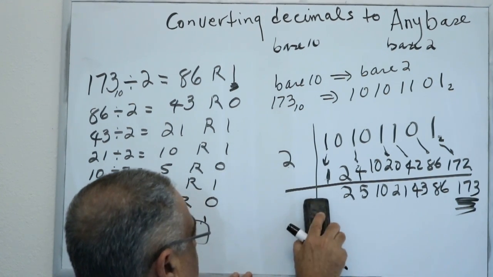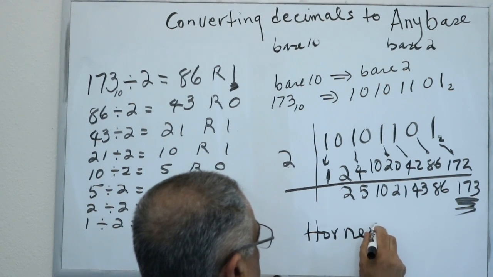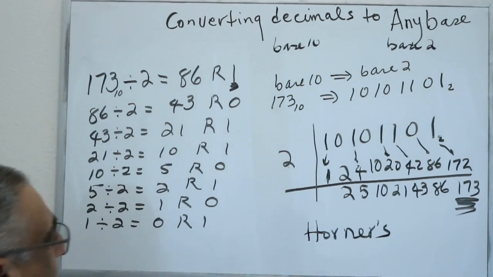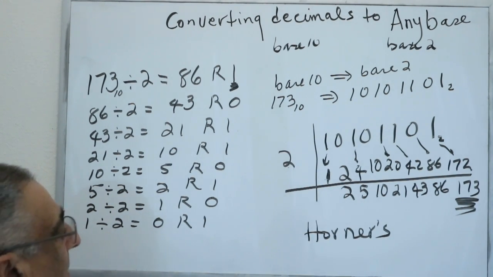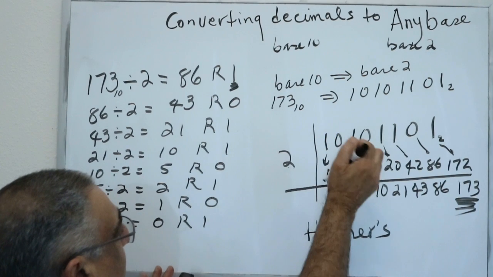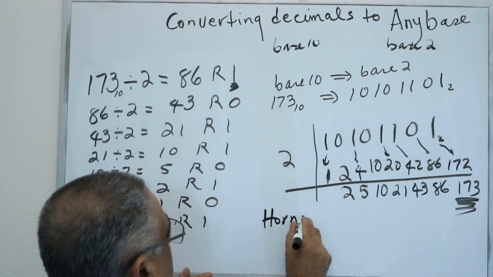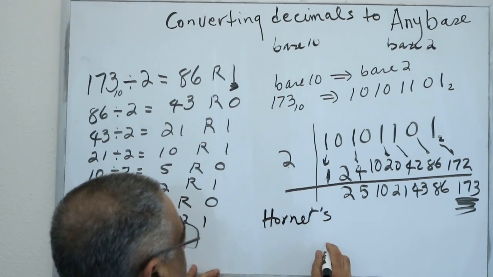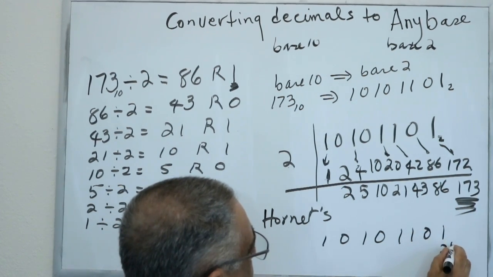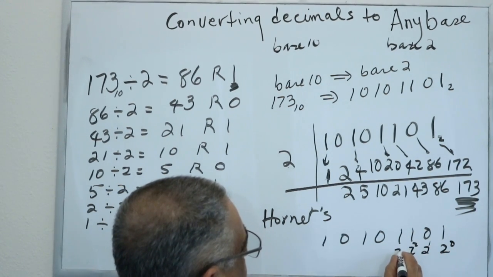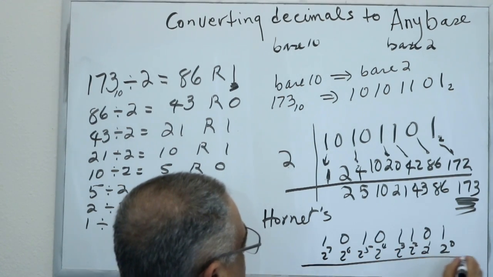This process, this algorithm here, is known as Horner's algorithm. This is Horner's, how you convert base 2 back to base 10. You simply go into the multiplication. While the other method, besides Horner's, which I showed you earlier, is the brute force method, you raise to the power of 2: 2 to the 4, 2 to the 5th, 2 to the 6th, 2 to the 7th, and then you calculate.